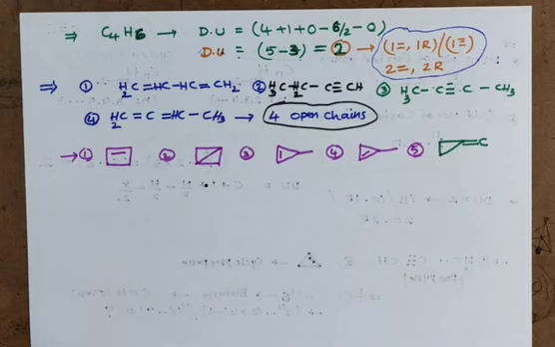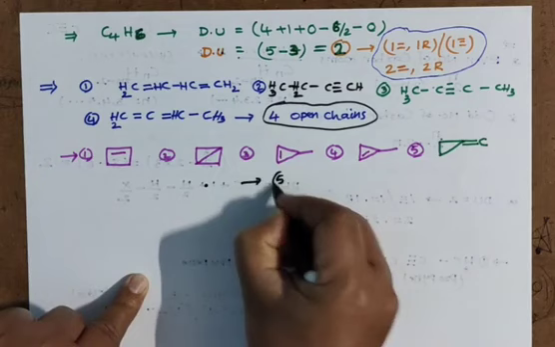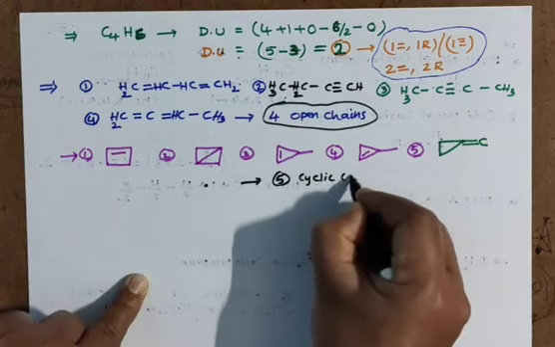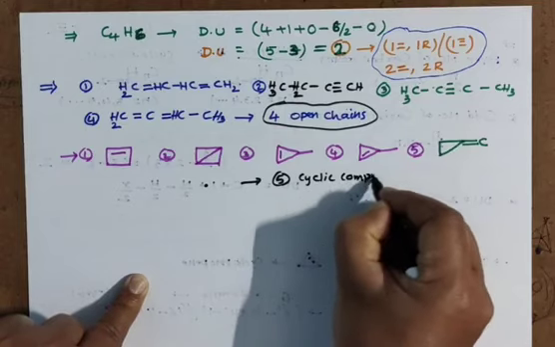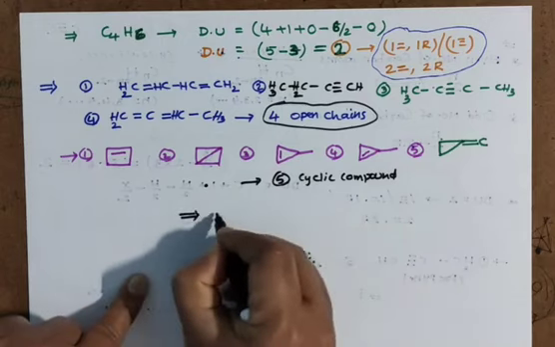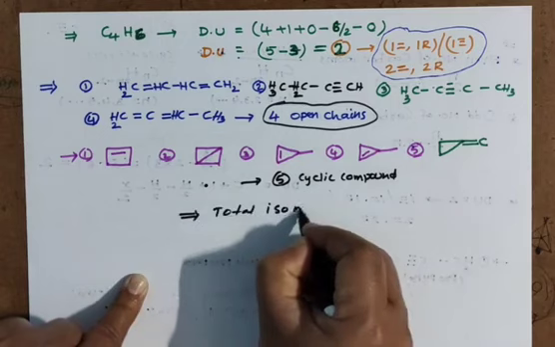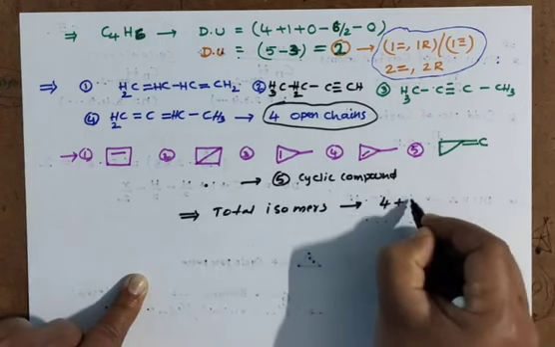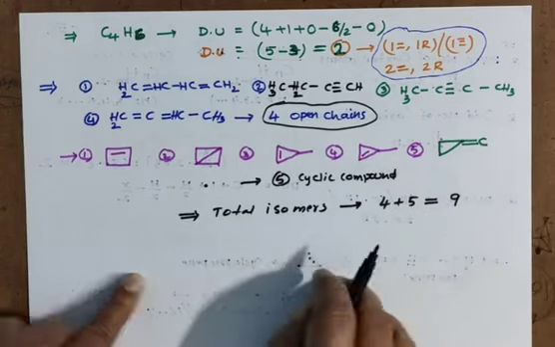Total 5 I got. So that implies 5 cyclic compounds. Together total number of isomers: 4 open chain, 5 cyclic, together 9.